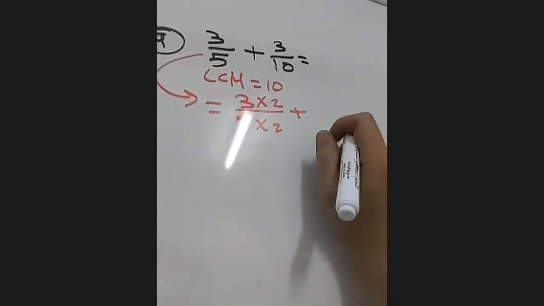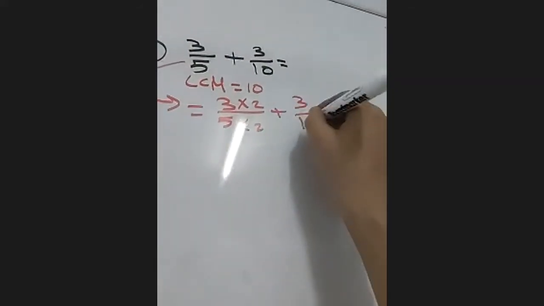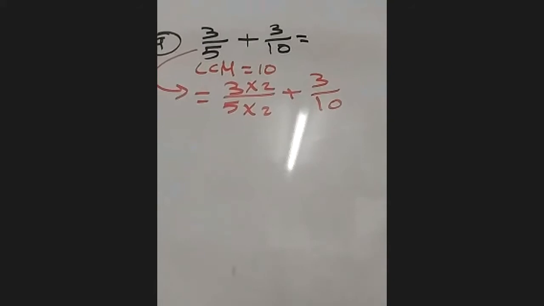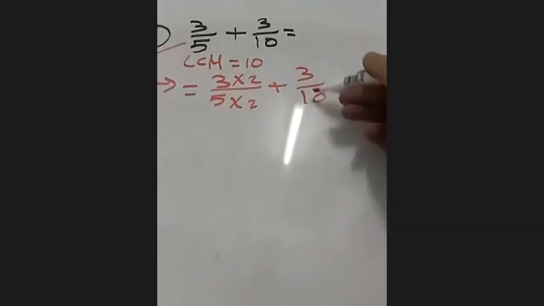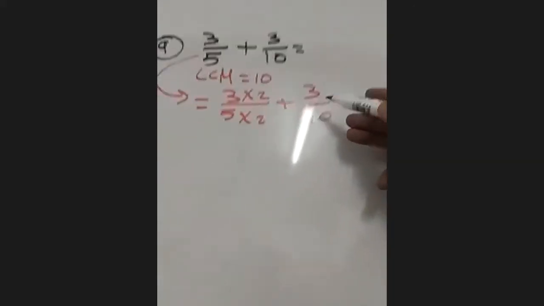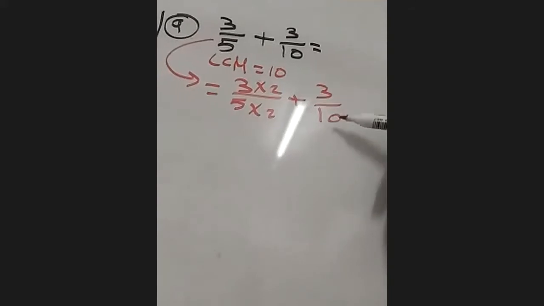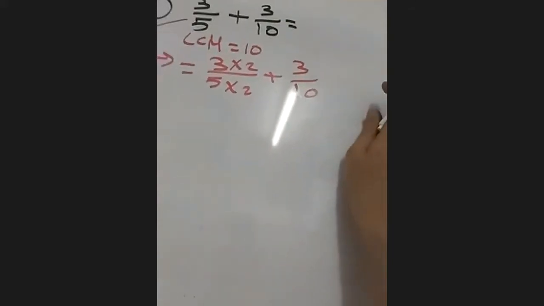3 over 10. What do I do? We make them equal, plus. Focus. 3 over 10, we multiply it with what? Nothing, 1.